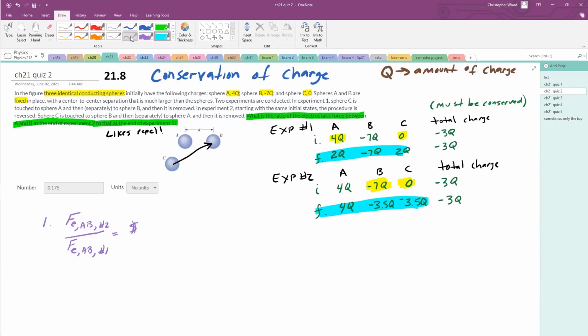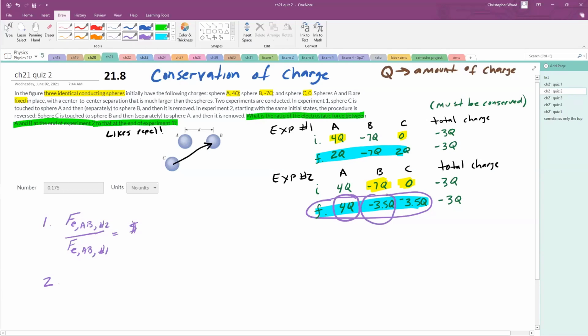All right, so let's just follow Coulomb's law. Number 1, number 2. At the end of experiment number 2, what is the electrostatic force between A and B? Well, here's A, here's B. Okay, so ready. The electrostatic force between A and B, I'll just write it like this.